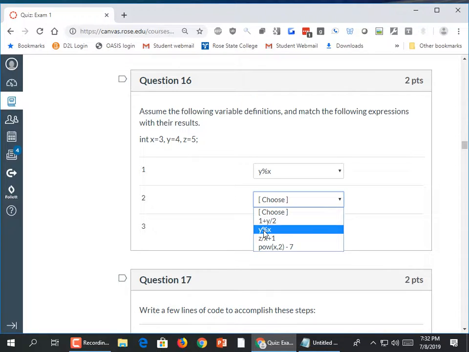And lastly, z divided by x plus 1. Well, 5 divided by 3 plus 1 is also equal to 2, so either answer should have worked. I finally figured out what Canvas had done. It swapped the choices and the matches from my test file that I created. All 4 of those answers should have been on this side, and these answers should have been on this side, and that's why we wound up with strange things like blank lines that had no answers.